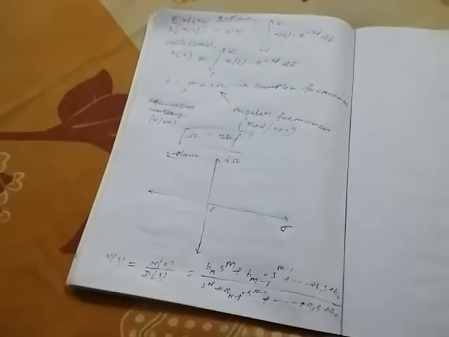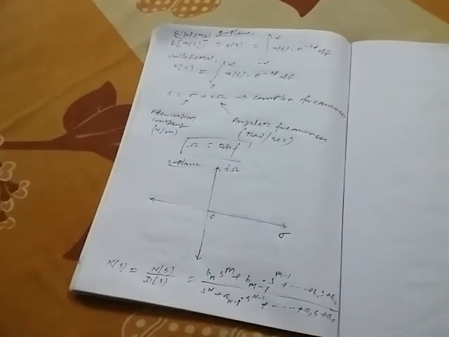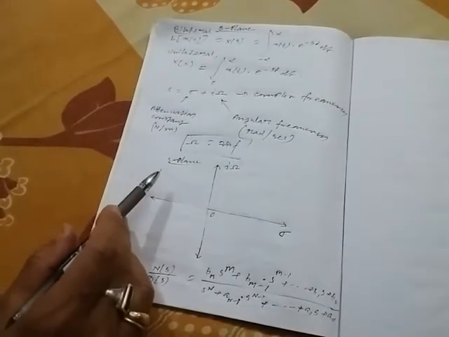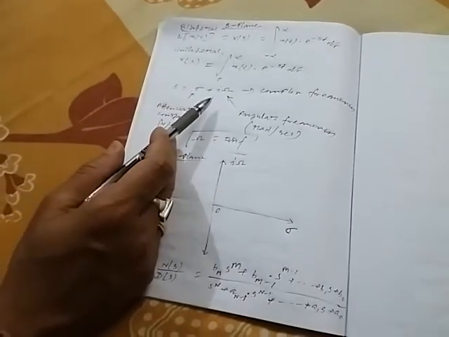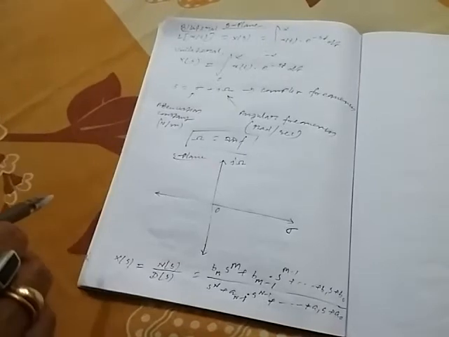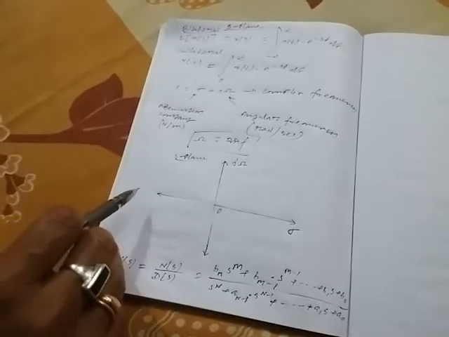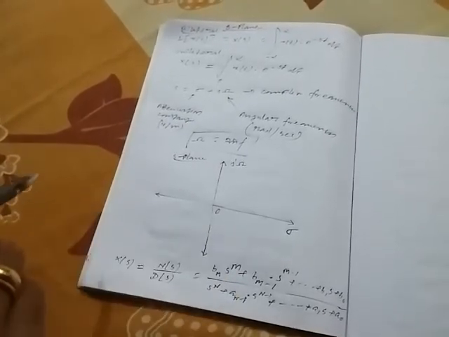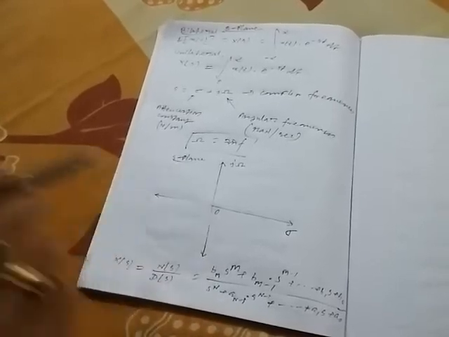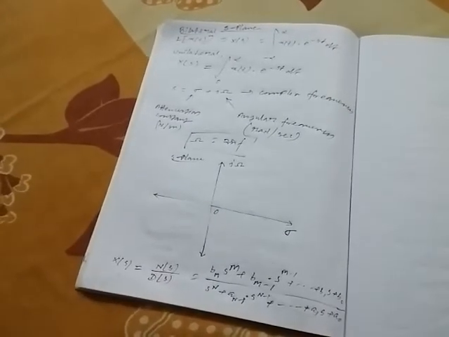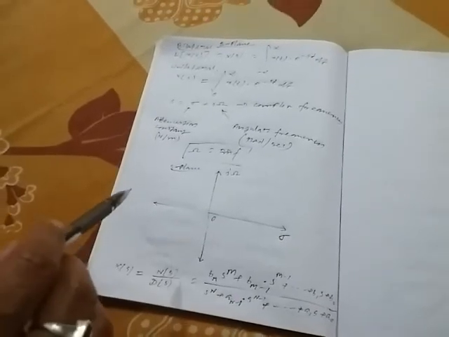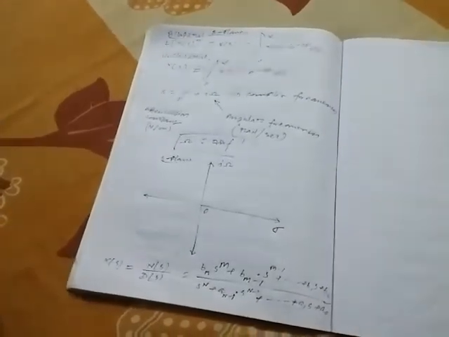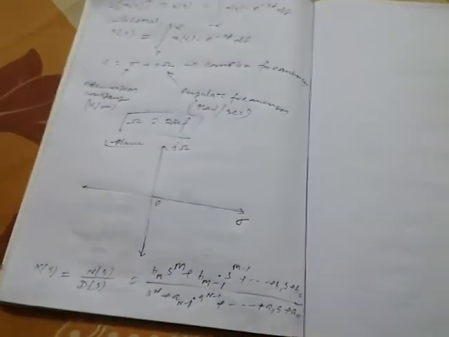So from this video, what did we learn? We learned about the S-plane. Since s is a complex number, it has some real part and some imaginary part. If we put the real part along the x-axis and the imaginary part, j omega, along the y-axis, then this coordinate system is known as the S-plane.